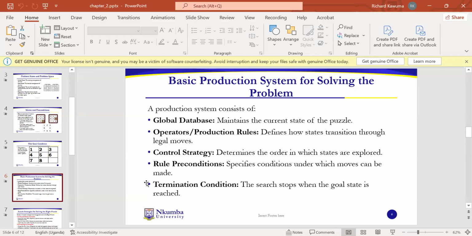But if I ask you, why did you choose Nkumba? If I ask you, why didn't you go to the UK to get that qualification? Why didn't you go to America? Definitely, you're going to give me the reasons why. And that is what we are looking at. This AI machine, can it reason the way the student is reasoning? Or is it just going to say, computer science, Makerere; computer science, Nkumba?